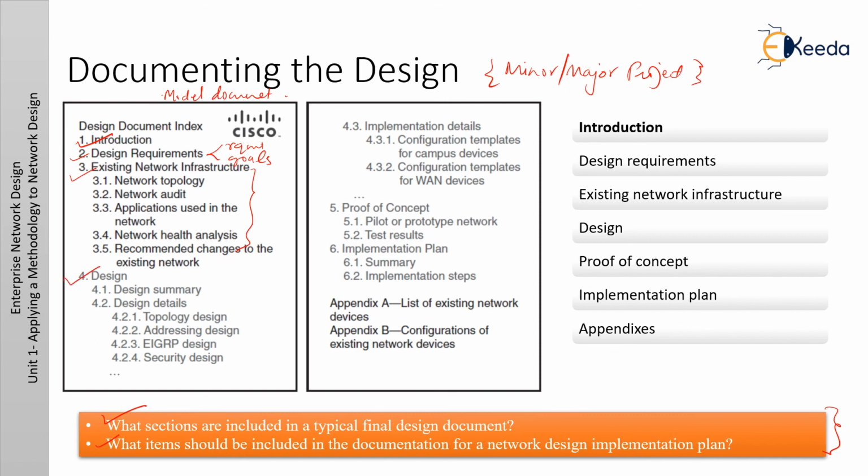Next is design. This section is an essential part of the design document and identifies the design and implementation details. The design details documented will obviously differ depending on the type of design project, whether it is a completely new network or a network redesign or simply a new service introduction, for example.